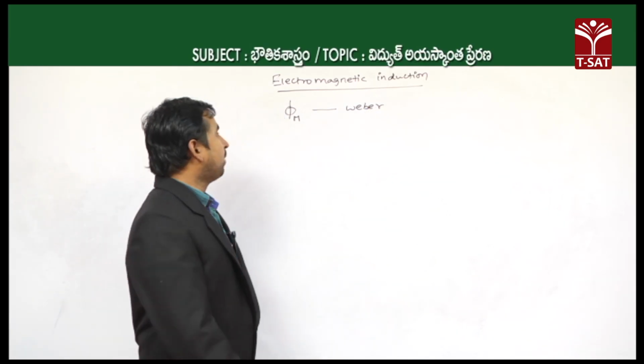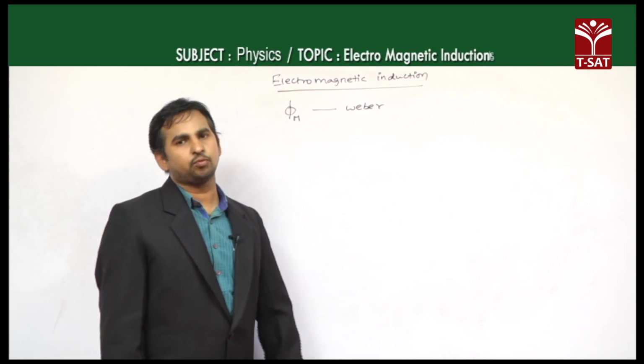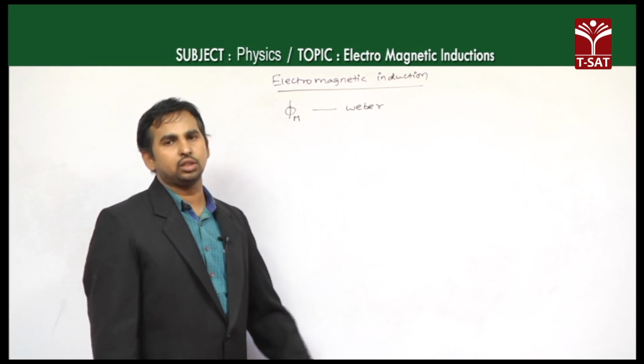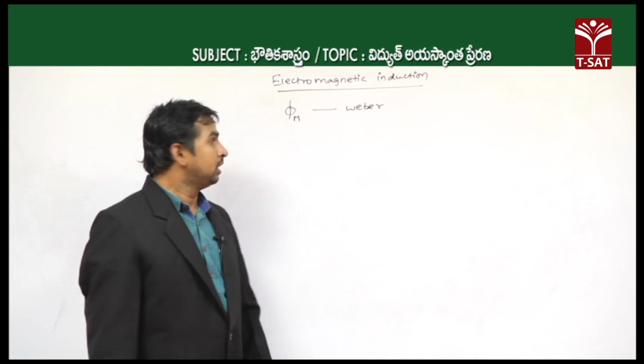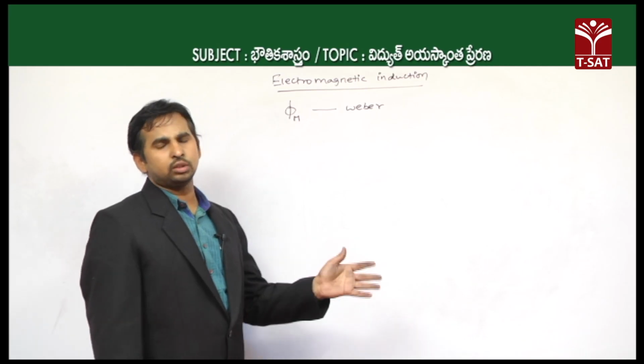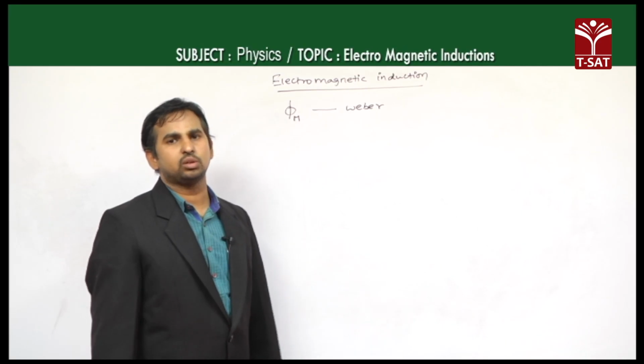Magnetic flux is the number of magnetic lines of force passing over an area. This magnetic flux depends on how the magnetic lines of force are passing over that area.